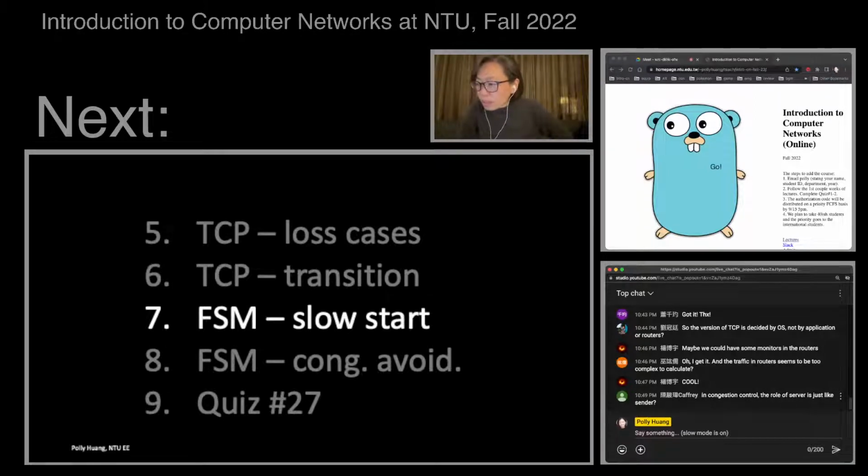Okay, more questions. Caffrey, in congestion control, the role of server is just like sender. The role of server. Okay, so I think I will need to clarify. So we're talking about congestion control in TCP.